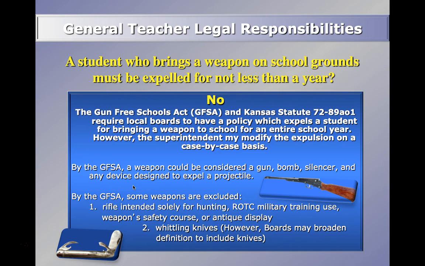But some weapons are excluded, like the military training use for ROTC, or a weapon safety course, or antique displays, or we have archery classes now in PE classes throughout Kansas and our public schools, and so those could be considered a deadly weapon. Hunting knives in the policy, sometimes boards may include a knife with a certain inch blade.